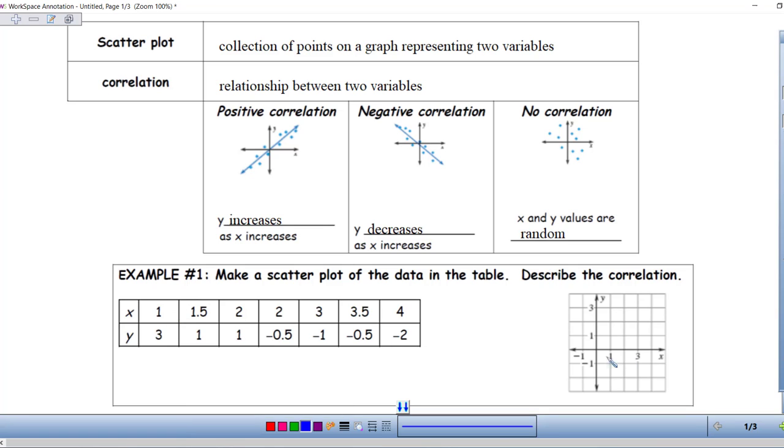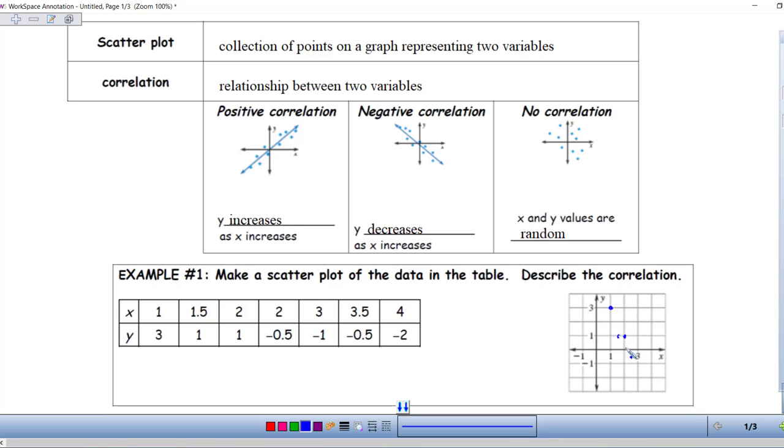So 1, 3, graph that one here. 1.5, 1. When you have 0.5, just go halfway between 1 and 2. 2, 1. 2, negative 0.5.